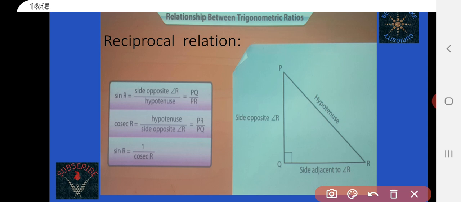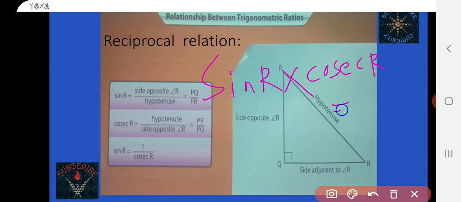So also you can write sin r into cosec r is equal to pq by pr into pr by pq.